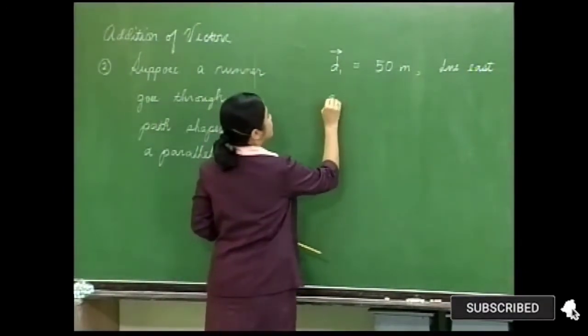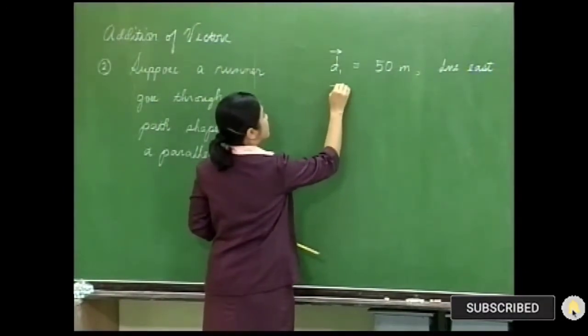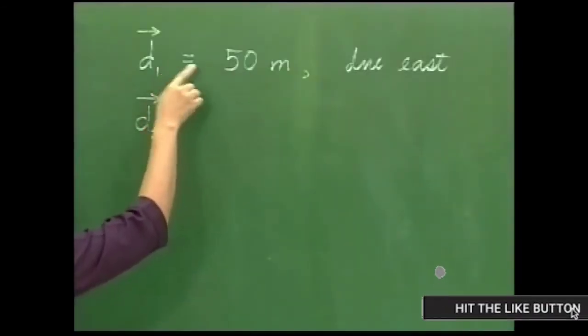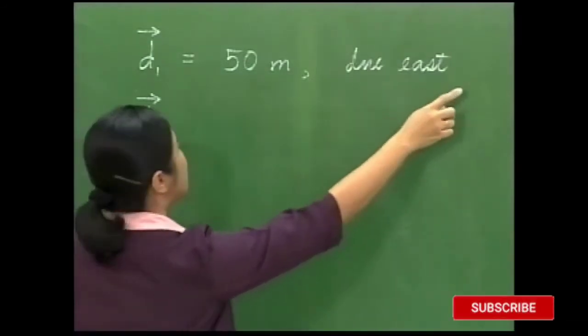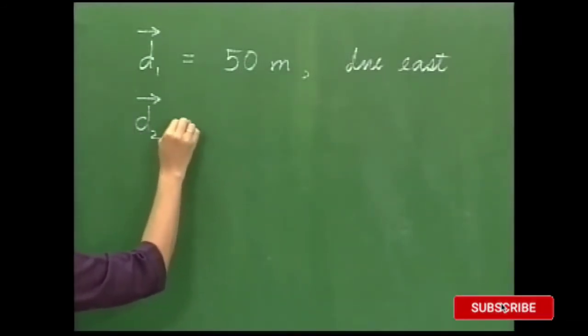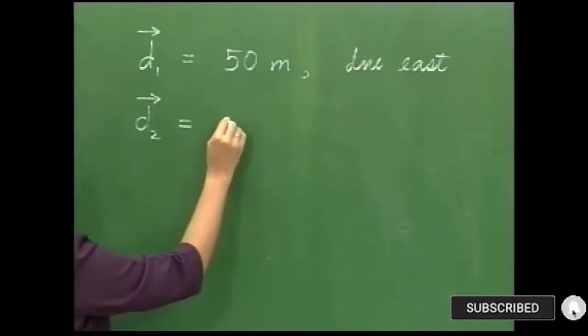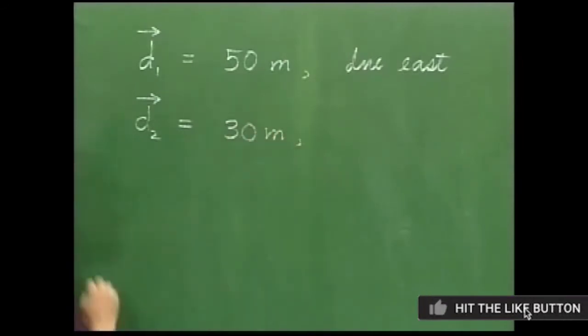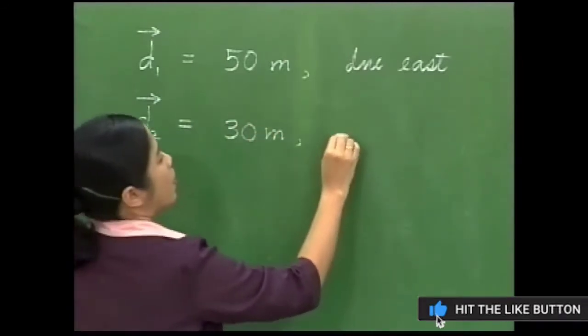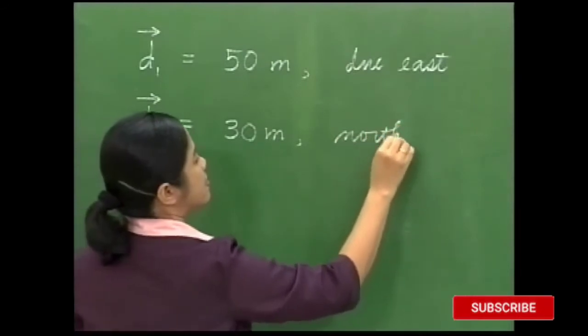Then from 50 meters due east to another point, he goes through another displacement, say 30 meters northeast.